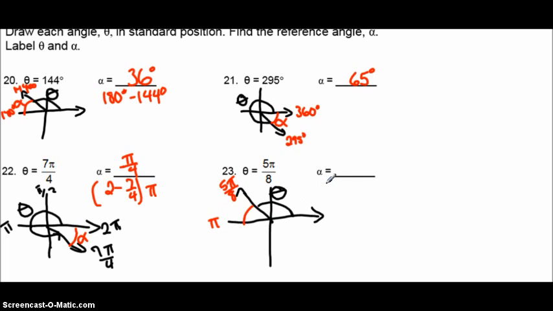And since I know it's 1 pi, I'm going to say 1 minus 5/8 pi, and that would be 3/8, or simply 3 pi over 8. Okay.